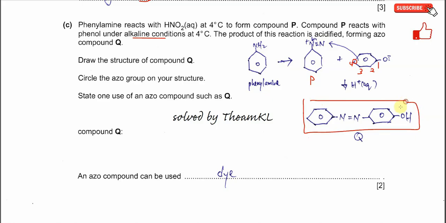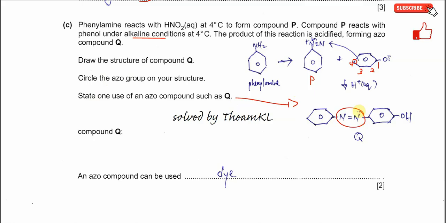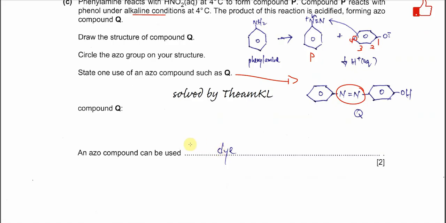So it will form this compound, which is Q. So this compound Q is the azo dye, and circle the azo group in the structure. So the azo group is this one, the N=N double bond. And the use of this azo dye: azo is actually a dye, so the function is as a colouring agent or dye.